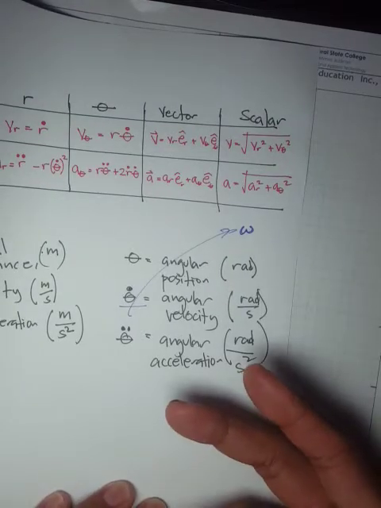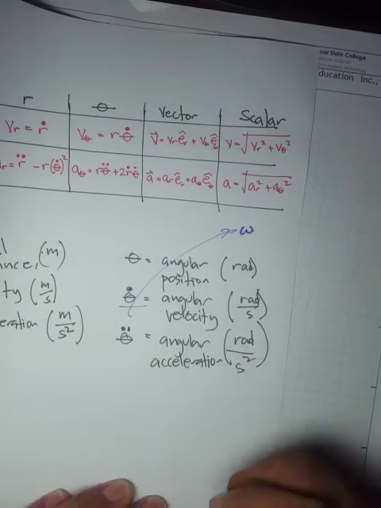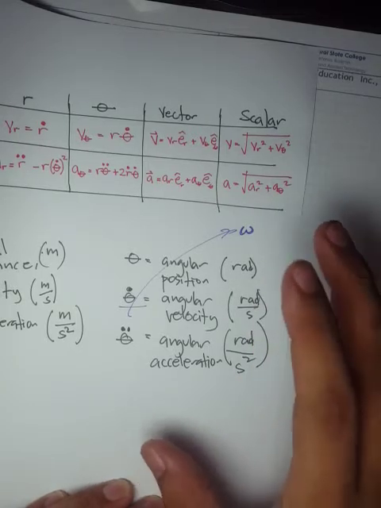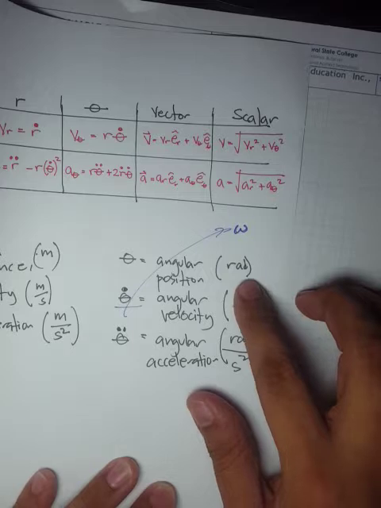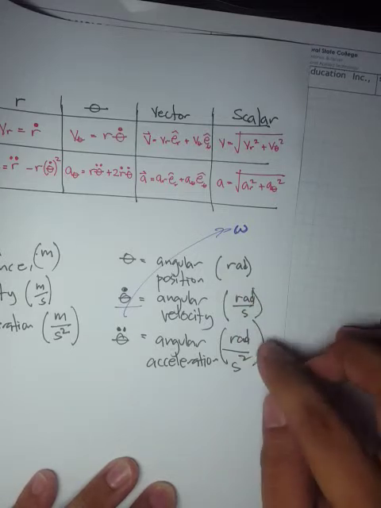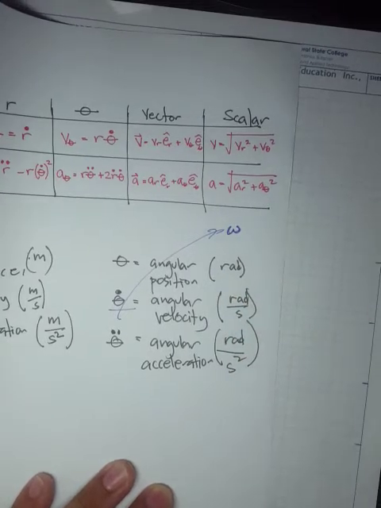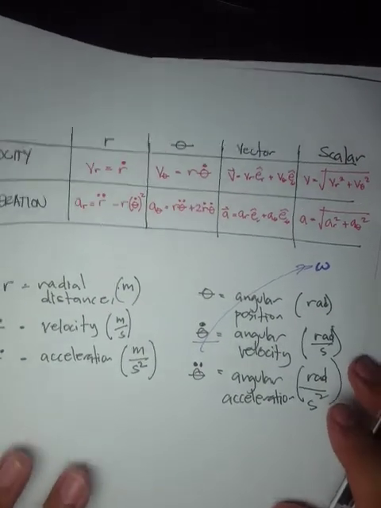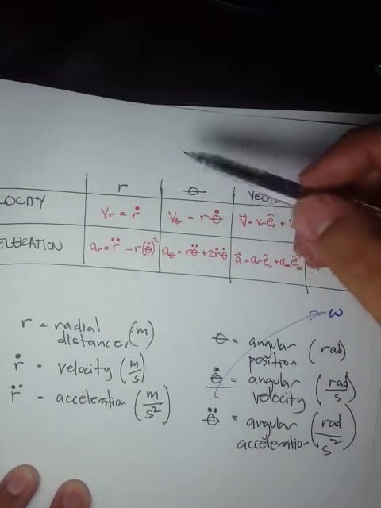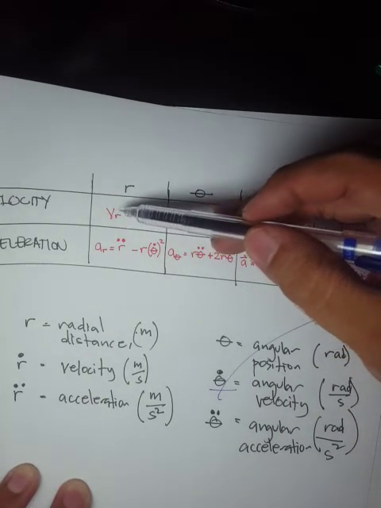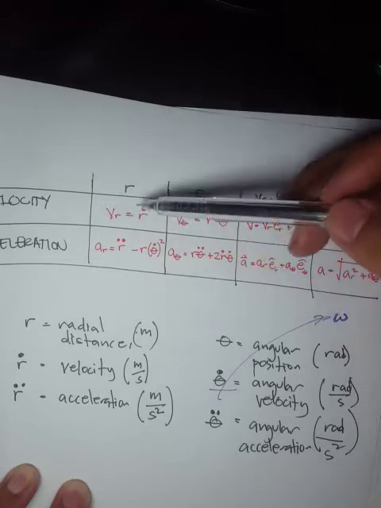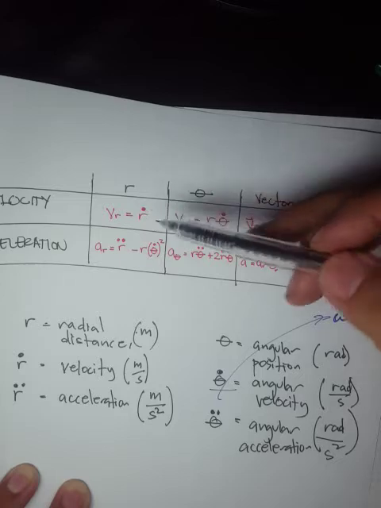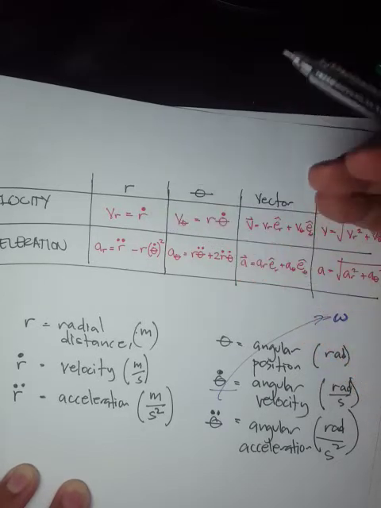But if we are talking about variables regarding the angular axis, then our units would be radians, radians per second, or radians per second squared. So if we are asked to solve for the radial velocity, we just have r dot, right? And the unit for this is meters per second.